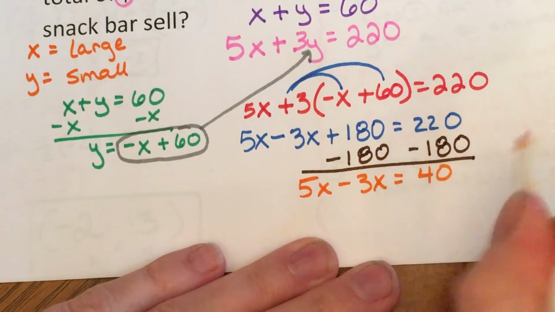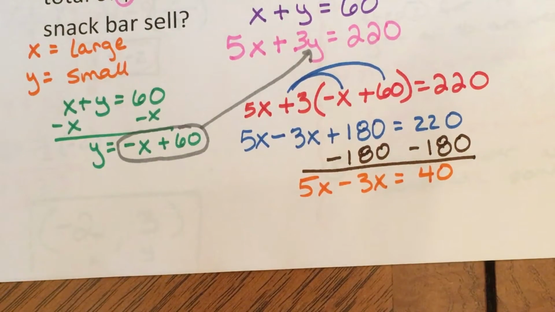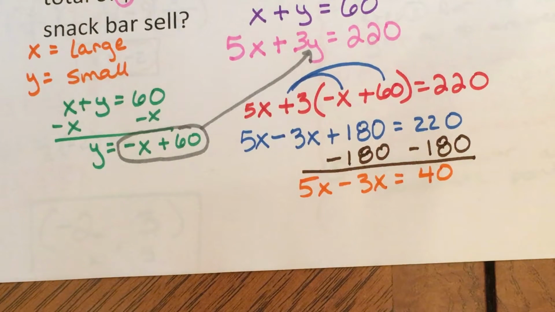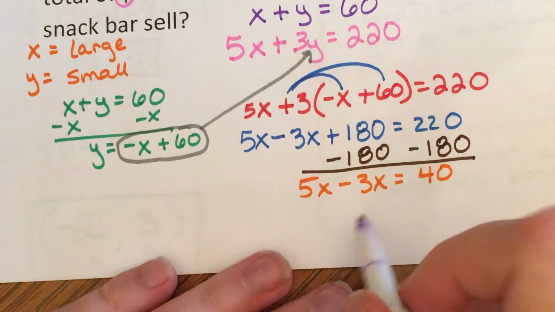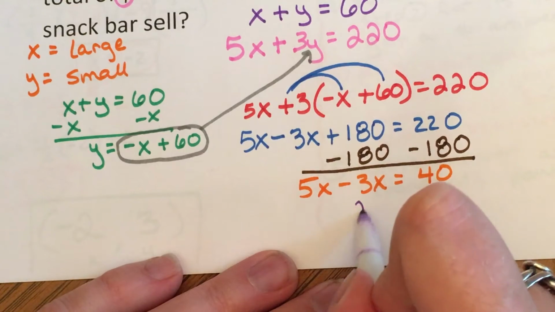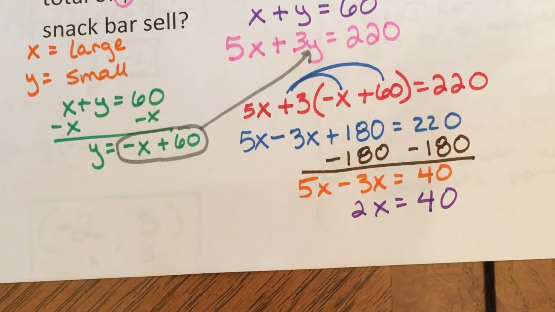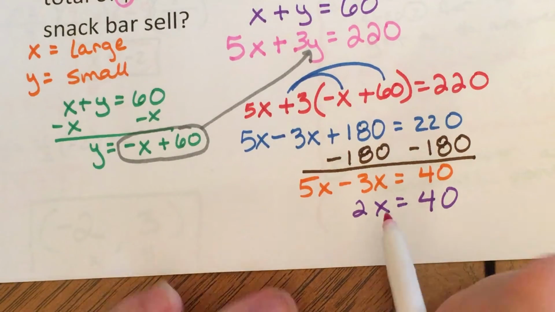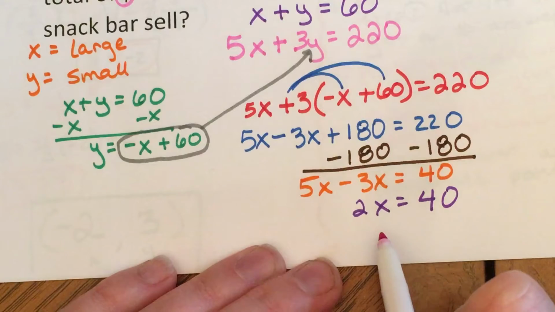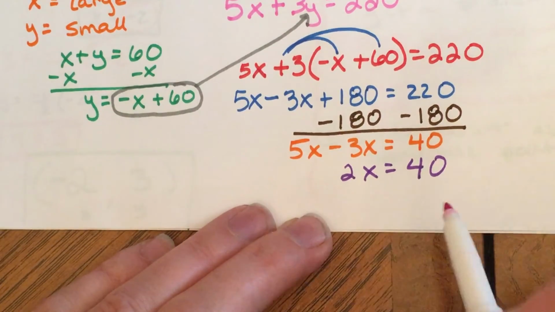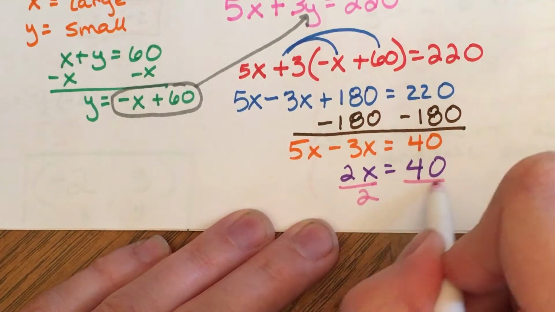Yep, it's 40. What's 5x's minus 3x's? Yes, it's 2x's. How do I get rid of this 2 and finish it off? Yeah, just divide.